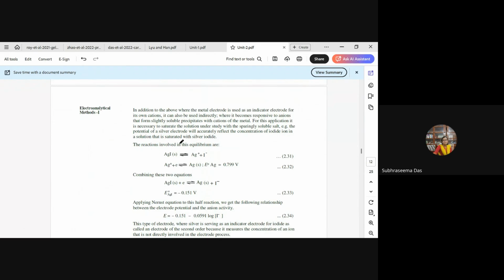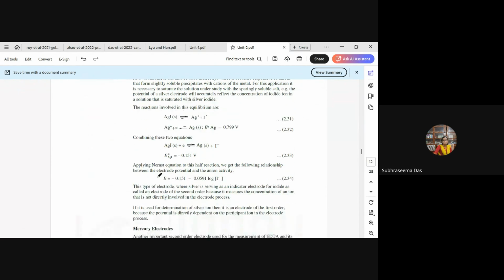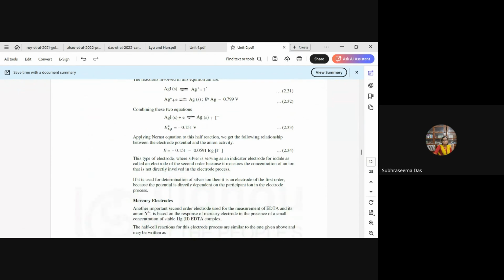The reactions involved are AgI forming Ag plus plus I minus, and Ag plus plus e forming Ag. Combining these two equations and applying the Nernst equation, we find that E is equal to 0.151 minus 0.059 into log of the concentration of I minus.